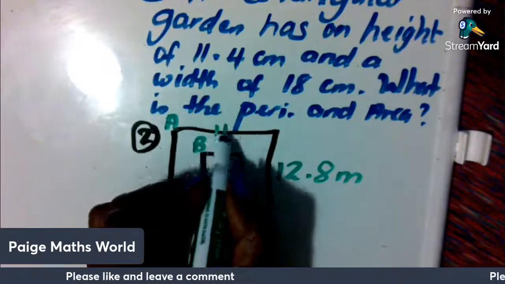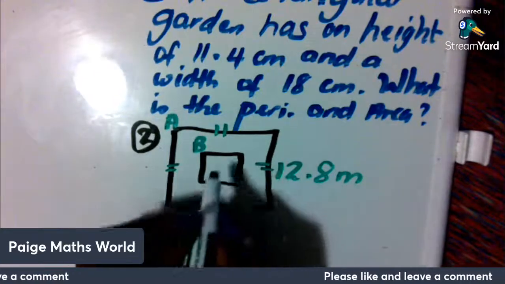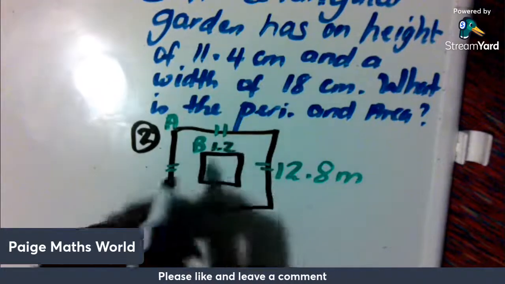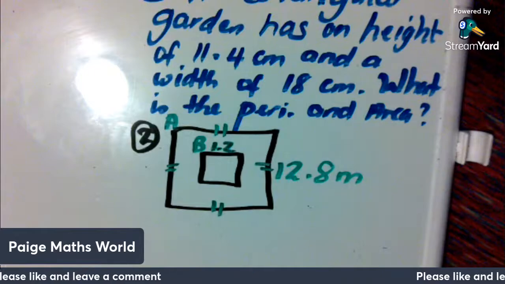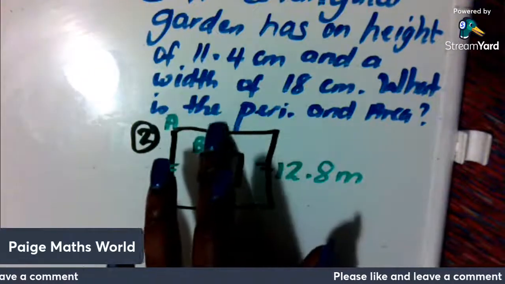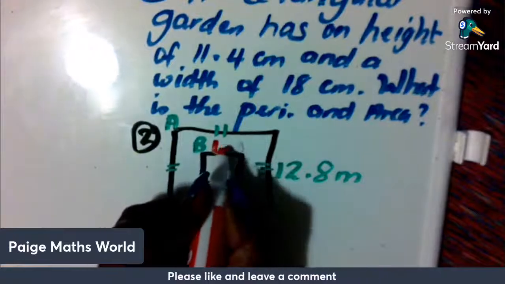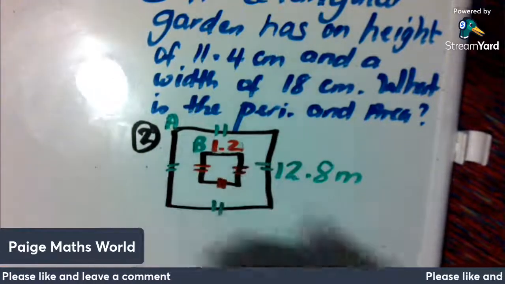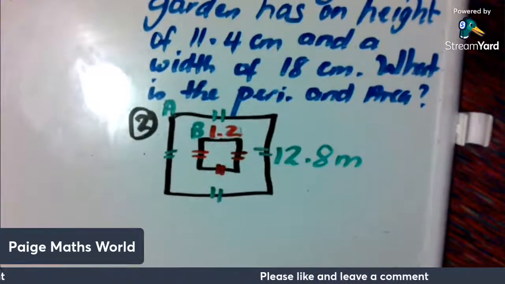This is a square garden. And the middle piece is 1.2, and it's also a square. Let me use a different color marker here. So this is going to be 1.2, and this is also a square. Are you guys seeing this?